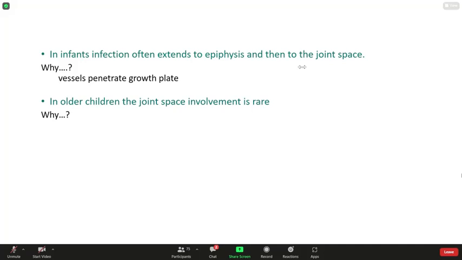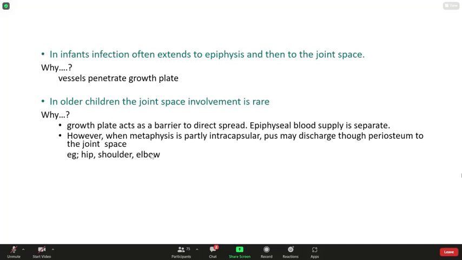There is no connection between the epiphysis and the metaphysis; there is a separate supply to the epiphysis. Yes, the growth plate acts as a barrier to direct spread, and the epiphyseal blood supply is separate from the metaphyseal blood supply.